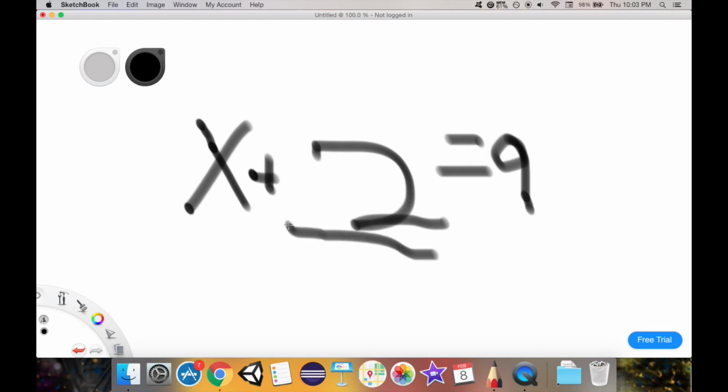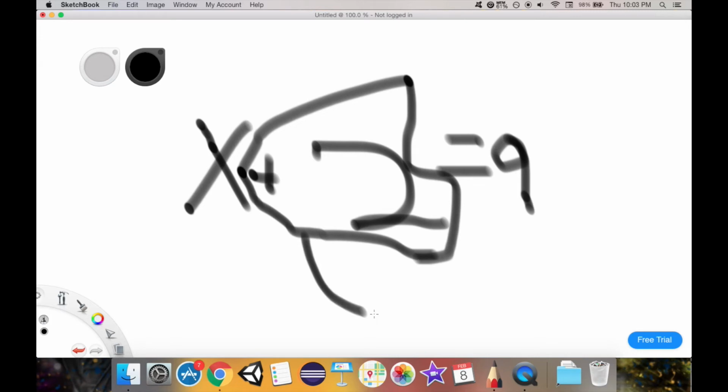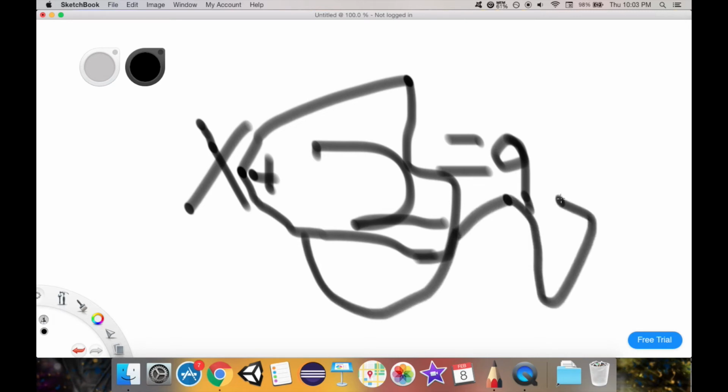See this plus 2, we want to move it to the 9. So the way we move it is, let's say you're at a field trip. The equal sign is kind of like the border, like the border where you go on the airlines.